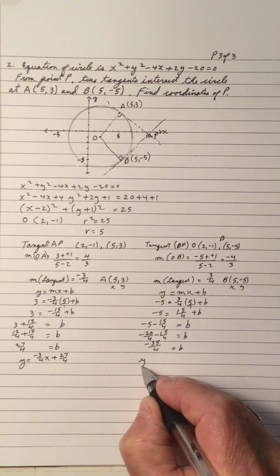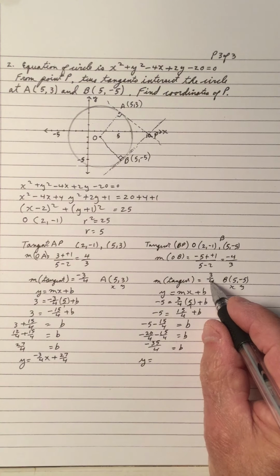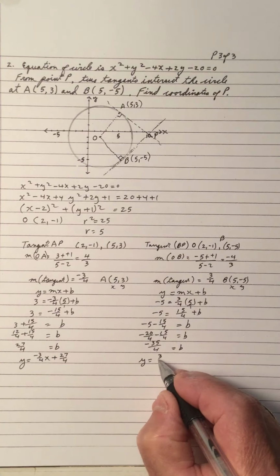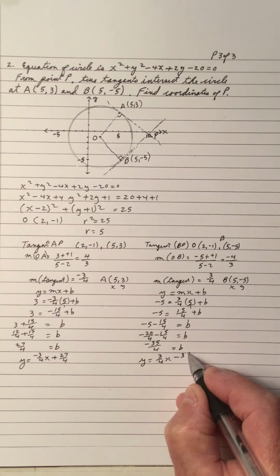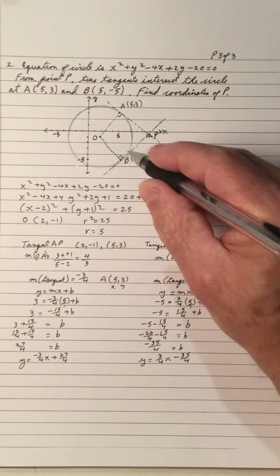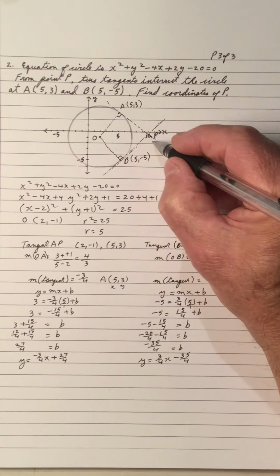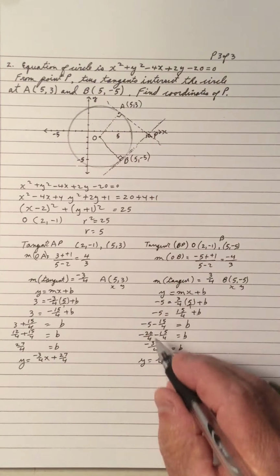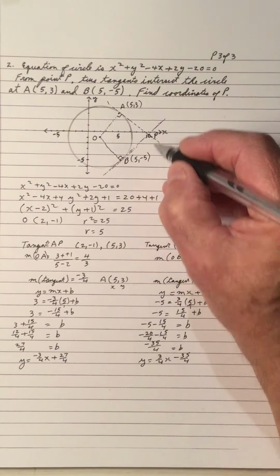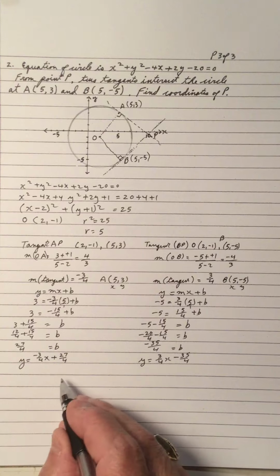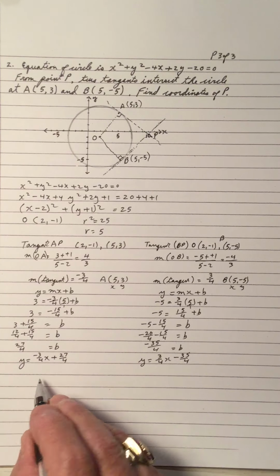So the equation, y equals the slope is 3/4 x, and the y-intercept is -35/4. So we have the equation of these two tangents. So if we solve these two equations, we'll get this point P. So let's solve the equations.